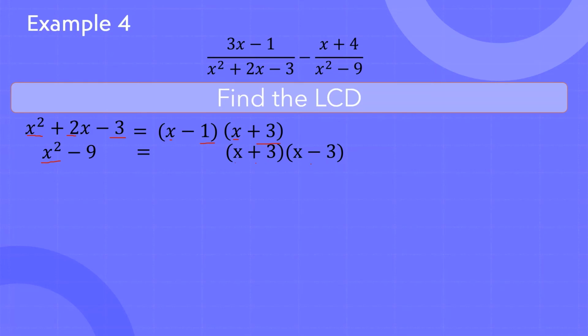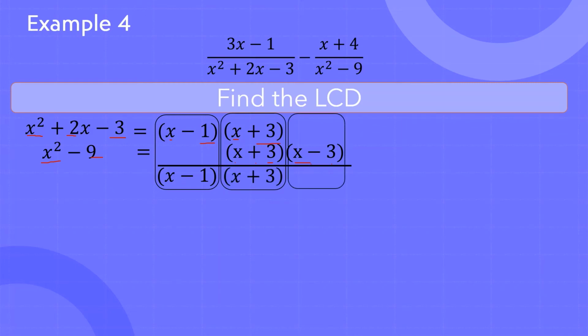Then square root of 9 is equal to 3. So ilagay lang natin ulit doon sa second binomial natin. Then multiply these factors. Okay, so we have x minus 1 times x plus 3 times x minus 3. Okay, at ito ngayon ang magiging LCD natin.